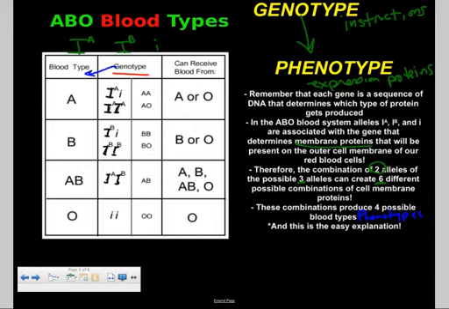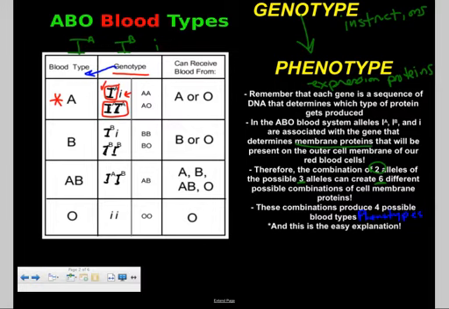So for example, I might receive the dominant IA from one parent and the recessive from another parent, or I might receive both dominants from both parents. Either way, because I have the dominant, I produce A protein, and that's going to give me the phenotype of type A blood.